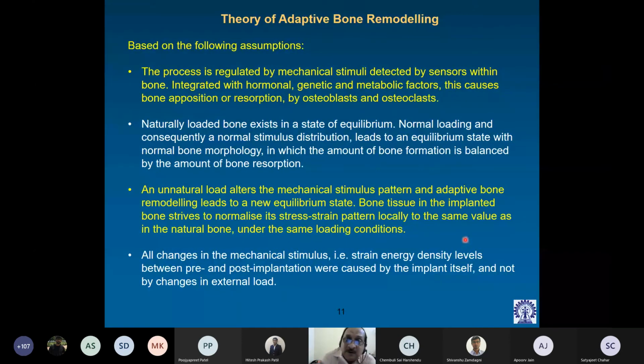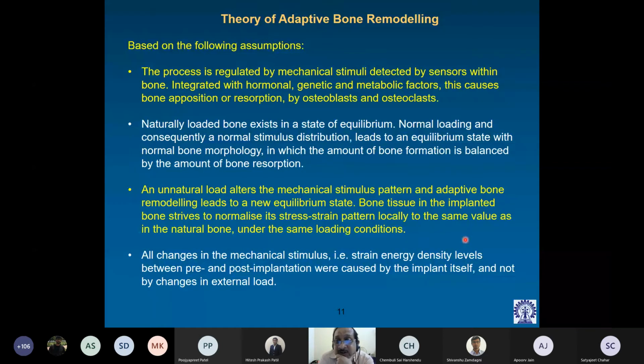So there has been a theory of adaptive bone remodeling, okay, which is based on some important assumptions. The first thing that I would like to say is the process is regulated by mechanical stimulus detected by sensors within bone. Okay, so there are sensors within bone which can detect the mechanical stimulus.